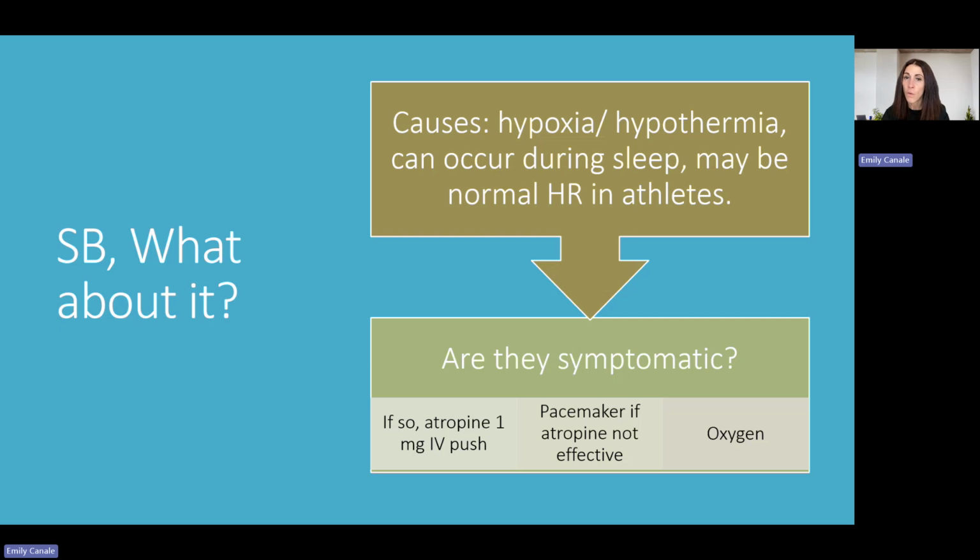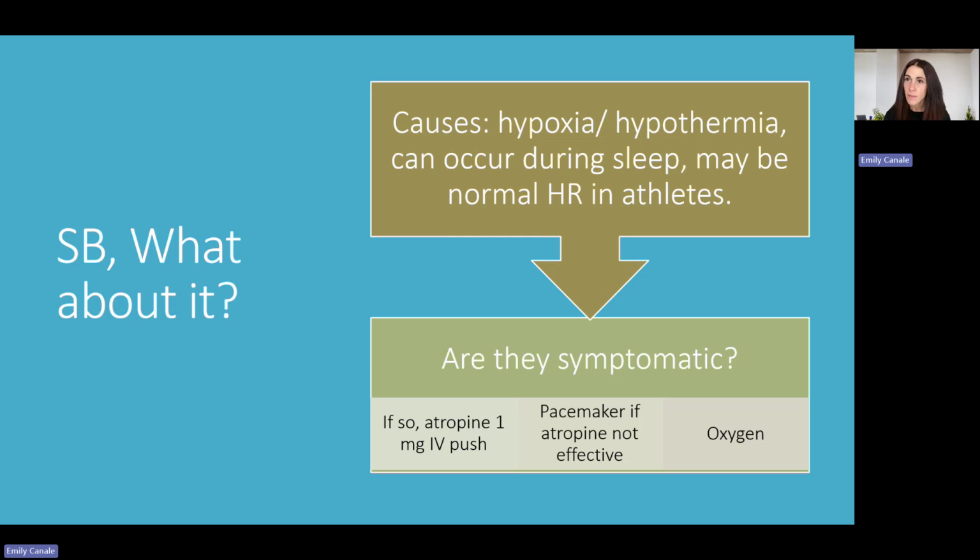So what we use for sinus bradycardia is atropine. And the goal of this is to increase the heart rate. So if we want to increase the heart rate, then you're going to give atropine. Usually we give 1 milligram IV push, okay, and we might have to repeat it.